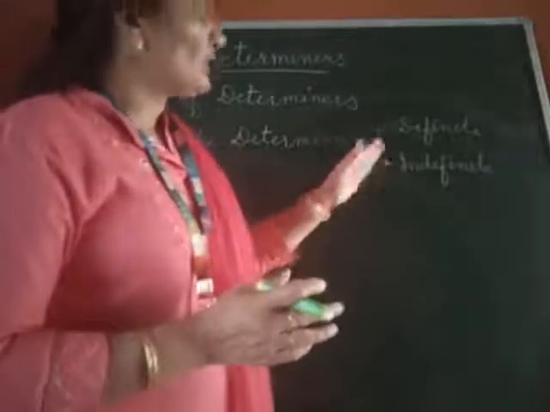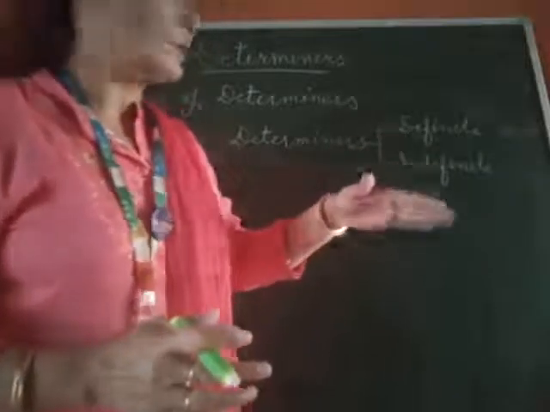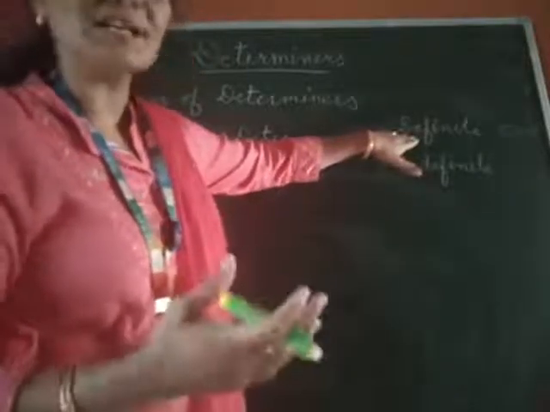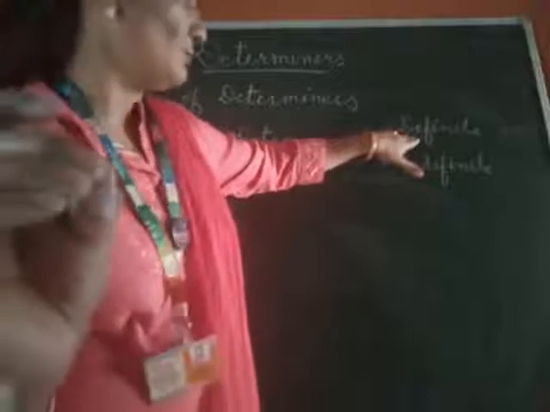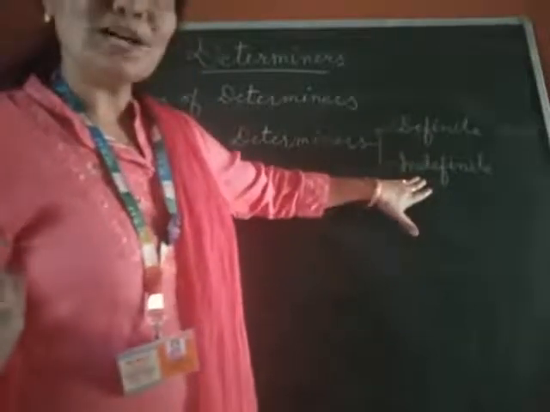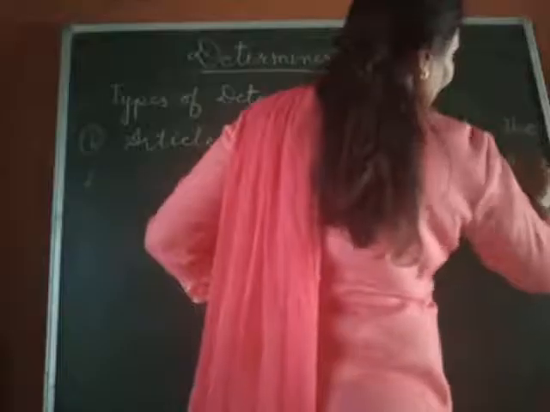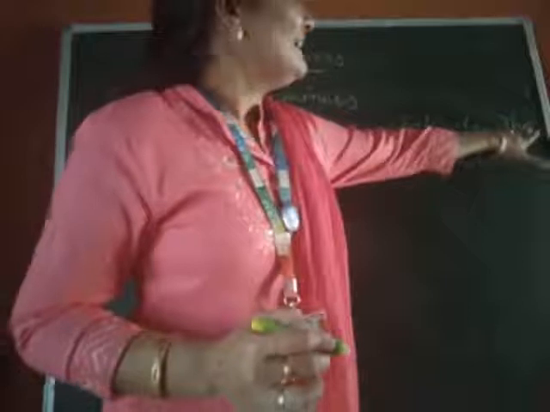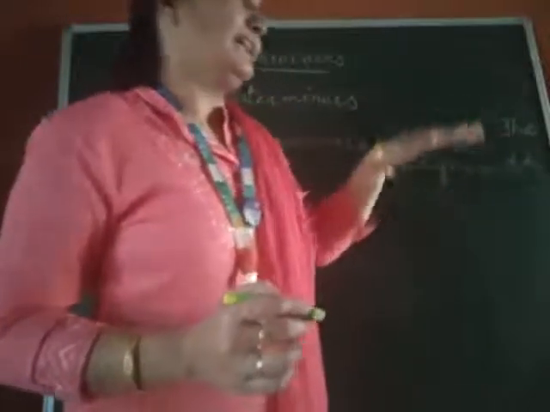Definite articles are those articles which make the noun definite, because articles are used before the noun to determine or fix the meaning of that noun. So definite articles are those which definite that noun, and indefinite articles are those which indefinite that noun.